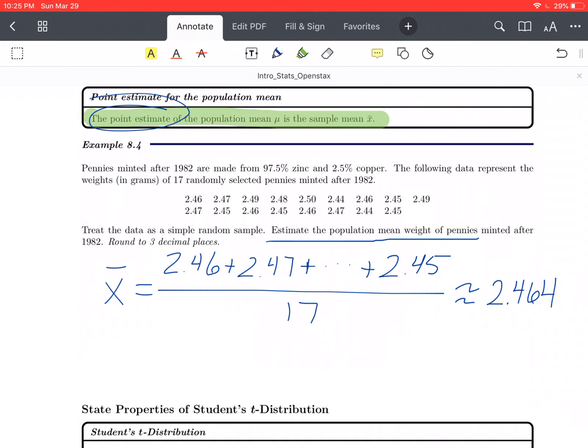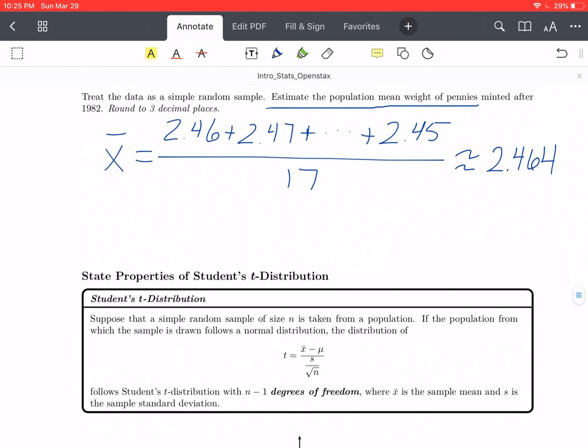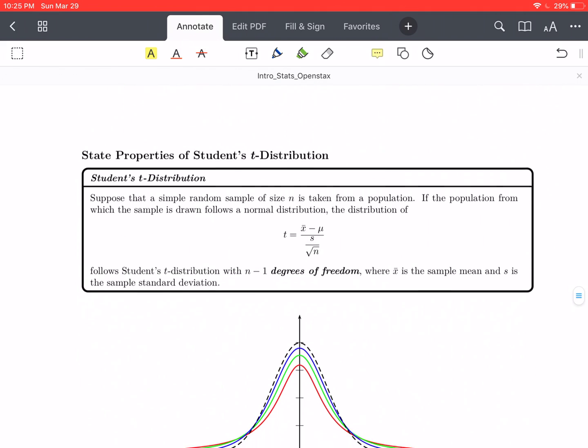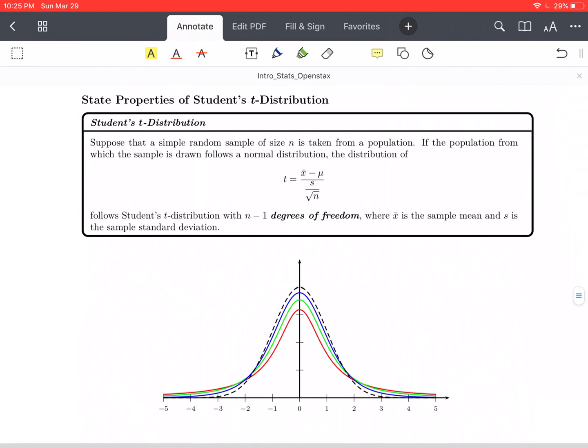Now, we're going to look at something a little bit different. This is the t distribution. Suppose that a simple random sample of size n is taken from a population. If the population from which the sample is drawn follows a normal distribution, the distribution of t follows the student's t distribution with n-1 degrees of freedom, where x bar is the sample mean and s is the sample standard deviation.